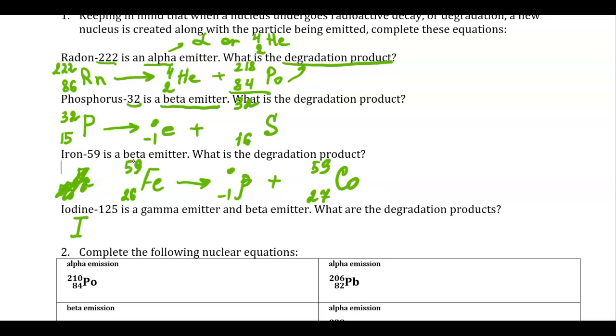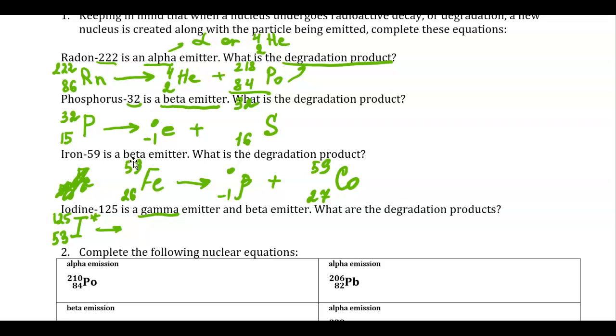And another one, iodine. And this is symbol, 125 is the mass number, and in the periodic table we find its atomic number. It's 53. Gamma emitter. So we can use this symbol, which shows us that there is a lot of energy inside.